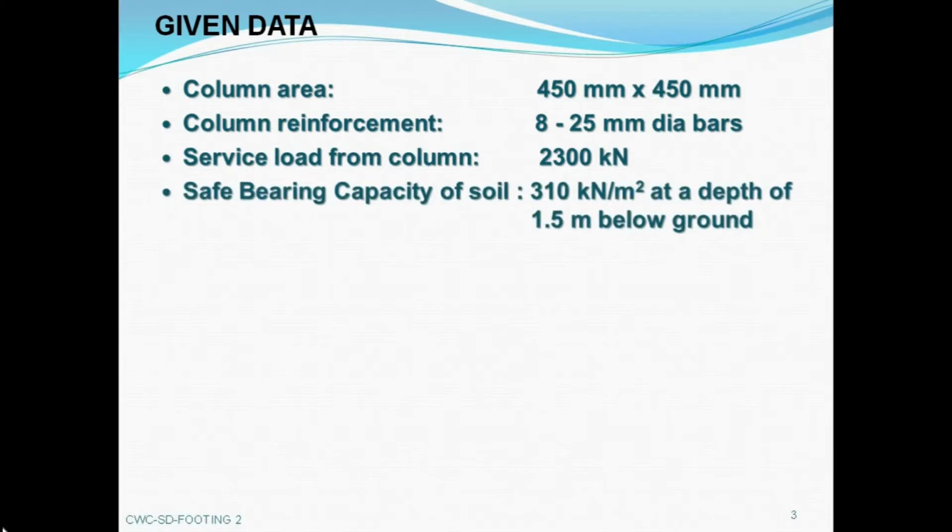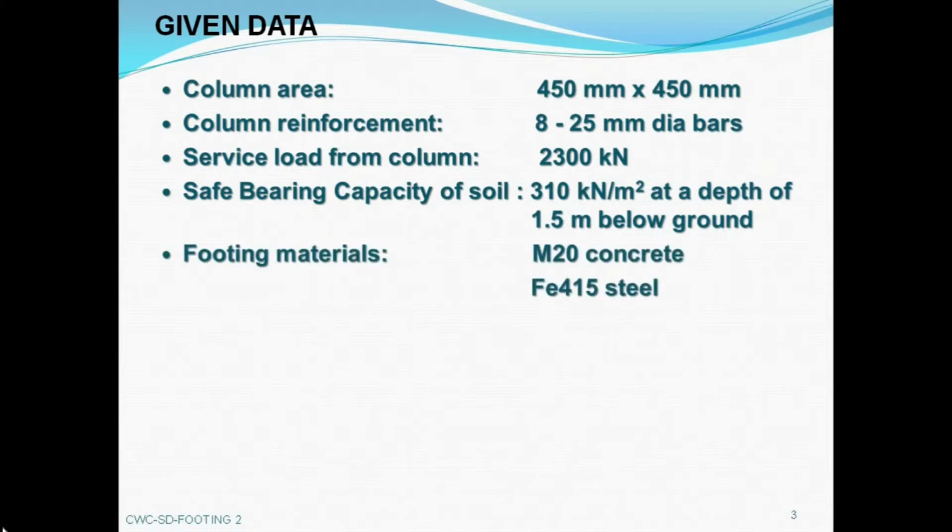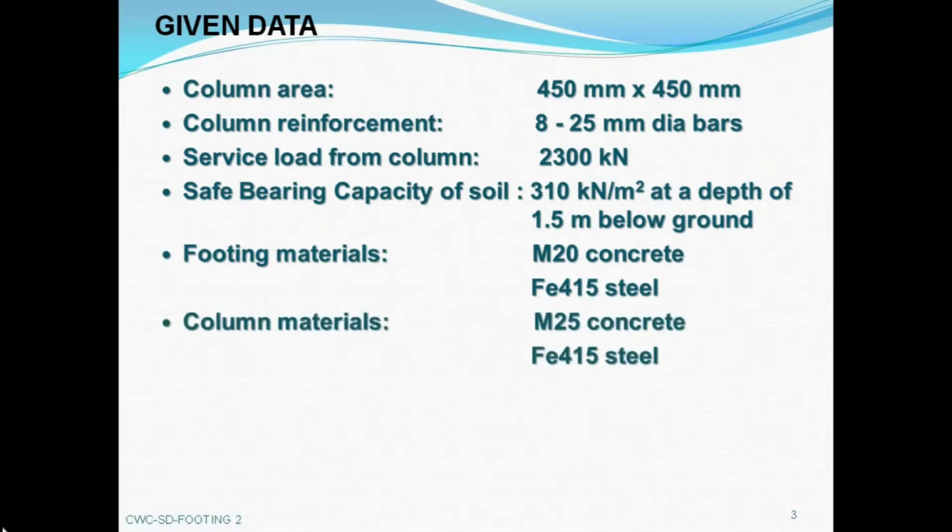Safe bearing capacity of soil is 310 kN per meter square at a depth of 1.5 meter below ground. So the bottom of our footing should be at a level of 1.5 meter below the ground. Footing materials are M20 concrete and Fe415 steel, and column materials are M25 concrete and Fe415 steel.